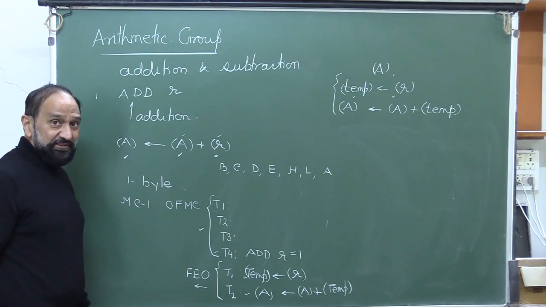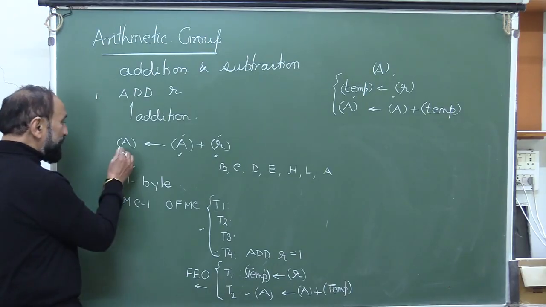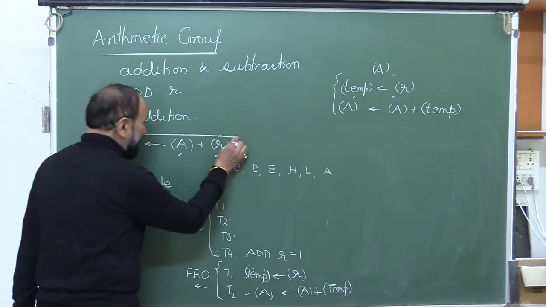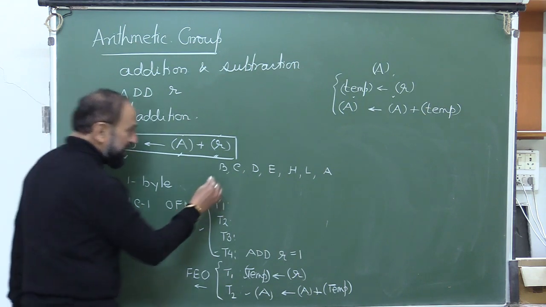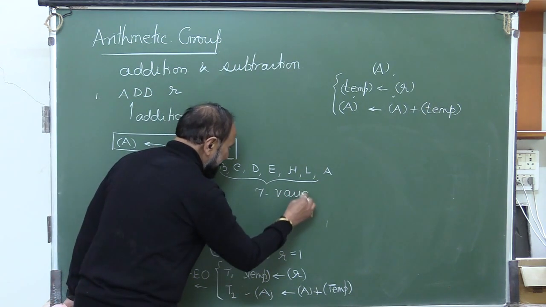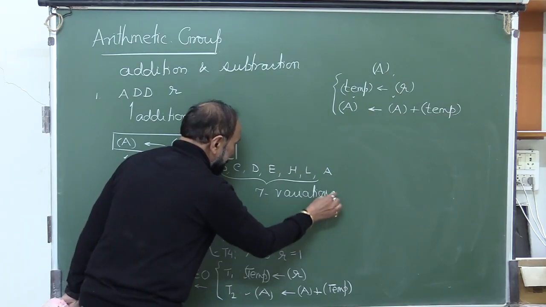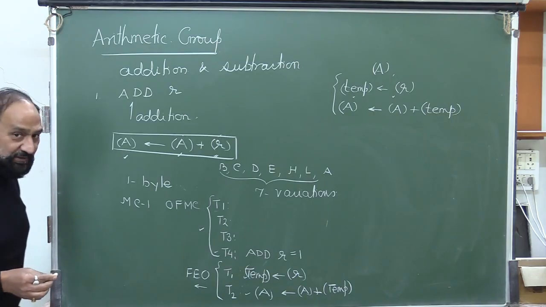So add R, add accumulator with the register R, store the result in accumulator back. Single byte instruction, and there are 7 variations possible. And the flags are affected as per the result.